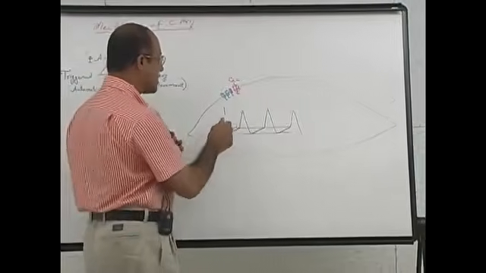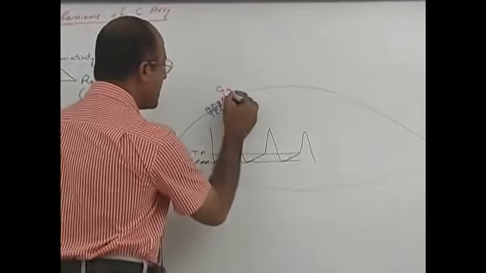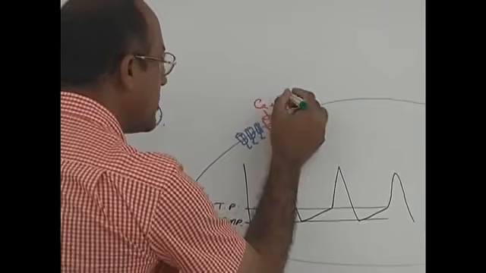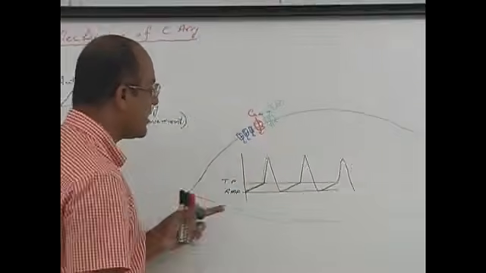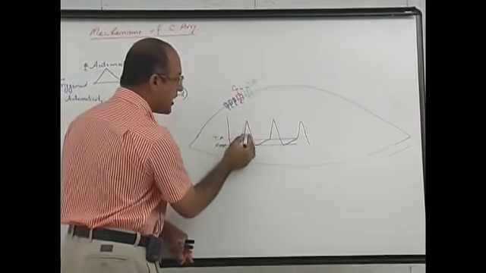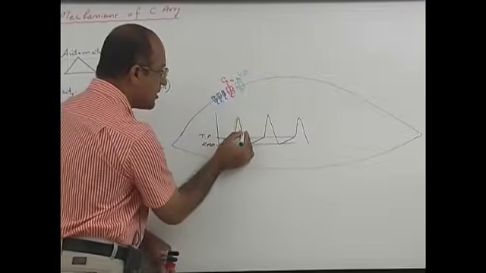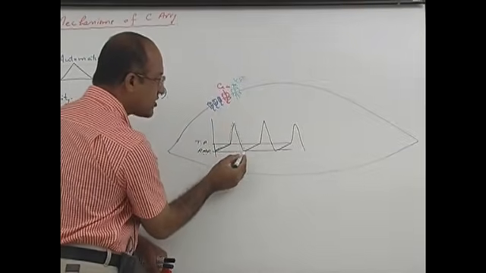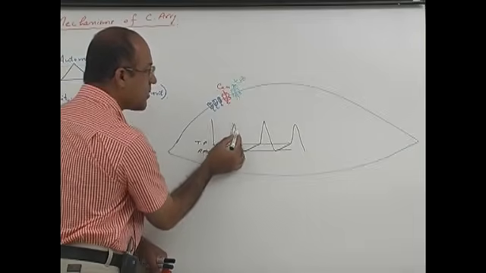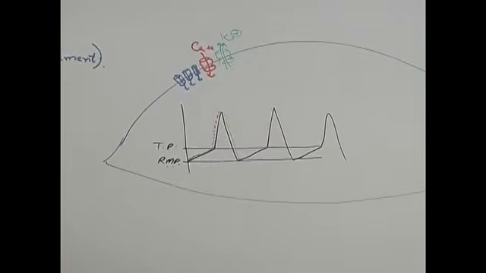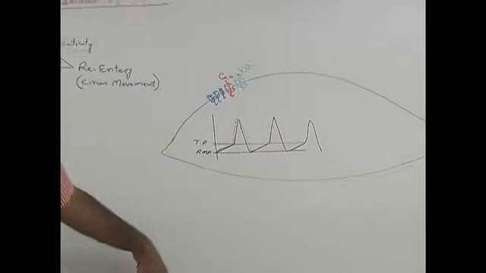And of course, when depolarization is done, then there is opening of voltage dependent potassium channels, and potassium efflux, that is the loss of potassium from the cell, takes the membrane potential back to the resting level. It means the membrane becomes repolarized back to its normal resting situation.